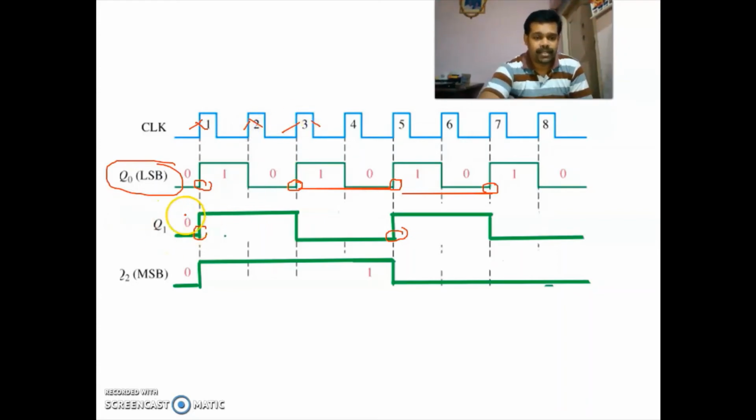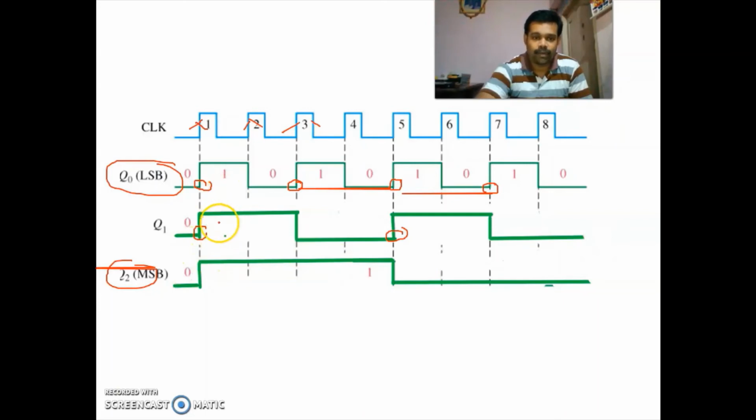Next, this Q1 will change the state whenever Q0 is equal to 0. In the case of an up counter, it will change the state whenever your Q0 is 1. Here it is changing the state whenever your Q0 is 0, that is, at the 0 to 1 transition. Similarly, your Q2 will be changing the state whenever your Q1 has a transition from 0 to 1.